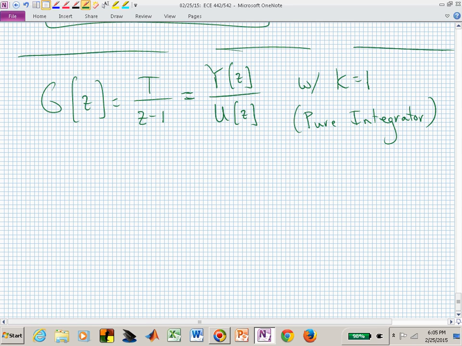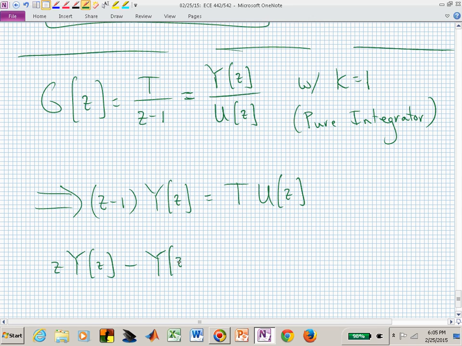I want my y's on the left, so I'm going to multiply through by z minus 1 and capital U of z, and then put the z minus 1 times y of z on the left and end up with t u of z on the right. Or that's now z times capital Y of z, minus capital Y of z, is equal to t capital U of z.